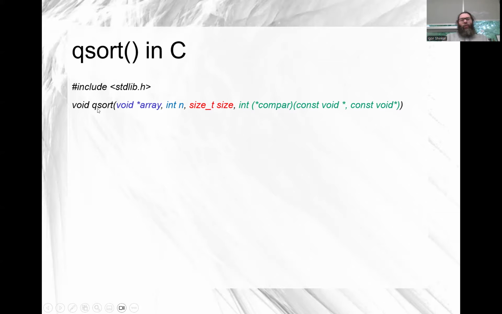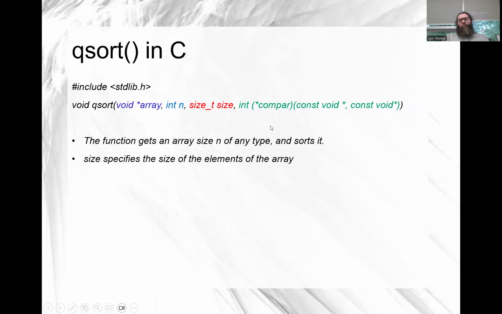The signature of qsort: it doesn't return anything, void. It gets an array. A void pointer means an array, and it doesn't specify which type. It gets n, the length of the array, and I will explain these two in a second. So basically it gets an array of n elements and sorts it.